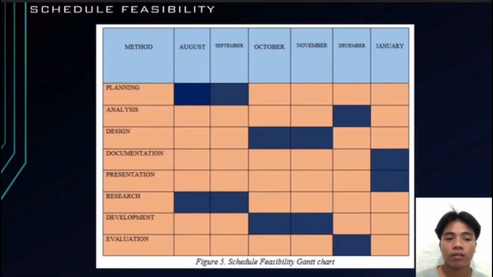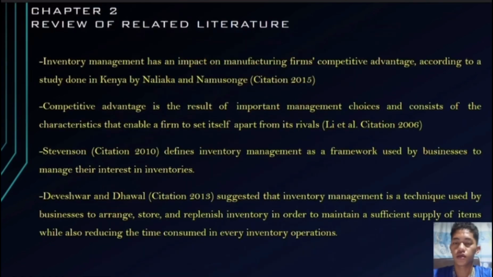Chapter 2. Review of related literature. Inventory management has an impact on manufacturing firms' competitive advantage, according to a study in Kenya by Naliaka and Namusonge (2015). Competitive advantage is the result of important management choices and consists of the characteristics that enable a firm to set itself apart from its rivals (Lee et al., 2006).